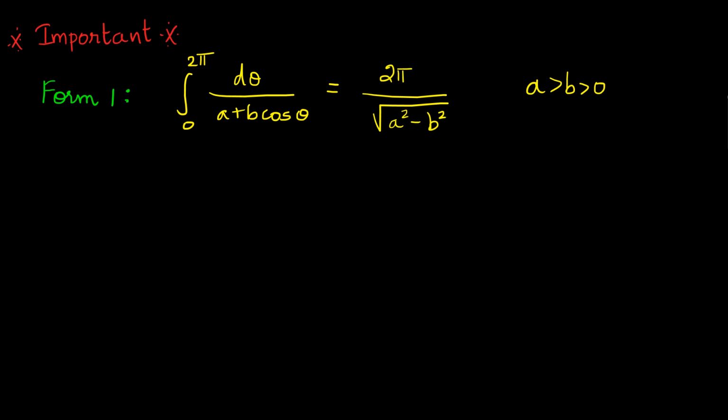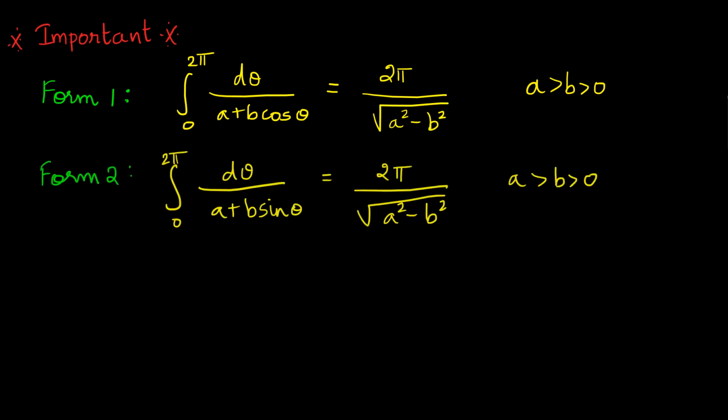So you don't have to solve step by step, substitute for d theta, cos theta, change the intervals, all that. You can directly use this form. I have given you four forms which will be very helpful for you to solve the exam problems. Okay, so this is form 2.